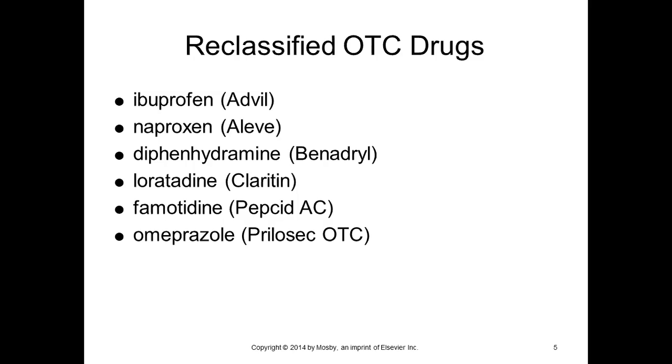Omeprazole or famotidine are the most popular and most common drugs for peptic ulcer disease, right? Paracetamol, in some countries, is most important, or as I said, acetaminophen or Tylenol.